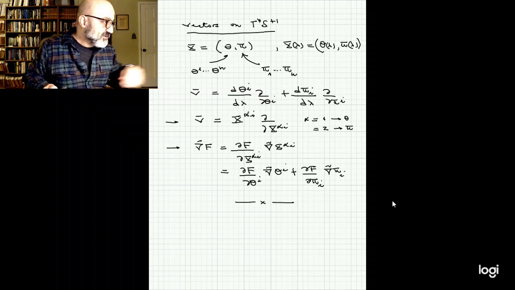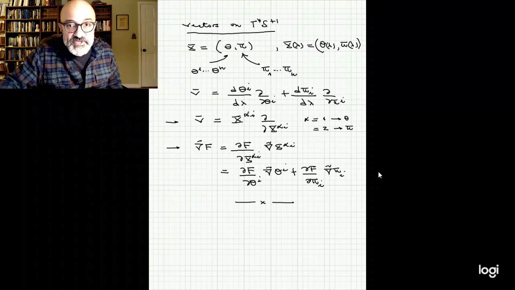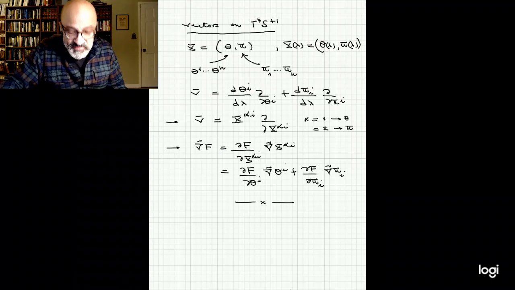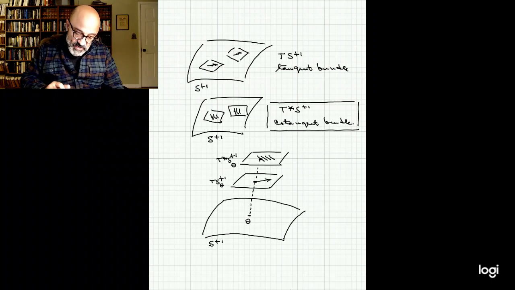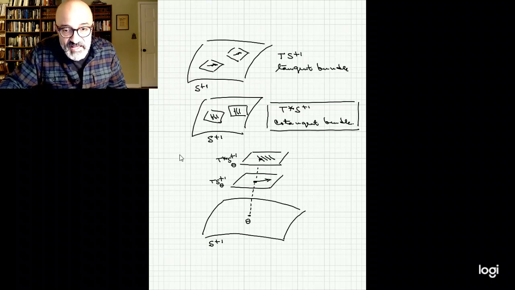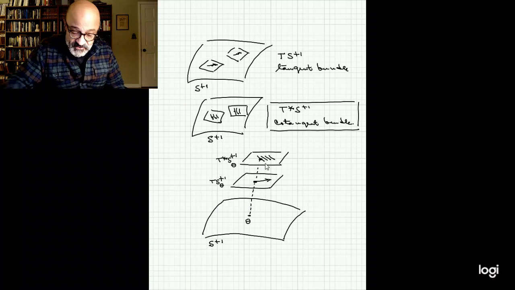Now we're going to start talking about structures that we can impose on this space. One of the things that happens when you have at each point a tangent space of vectors and a cotangent space of covectors, is that you can find maps that take you from vectors to covectors and back. And that's going to be useful.